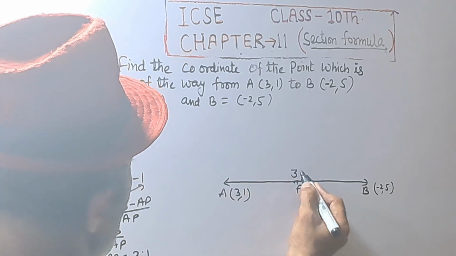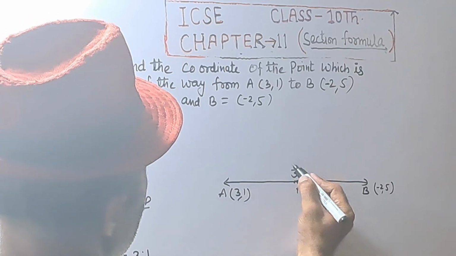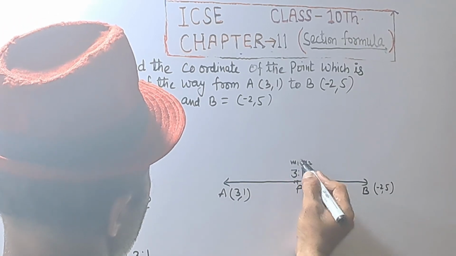So we get the ratio 3/1. It's M1, it's M2.